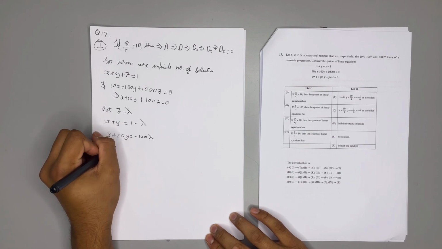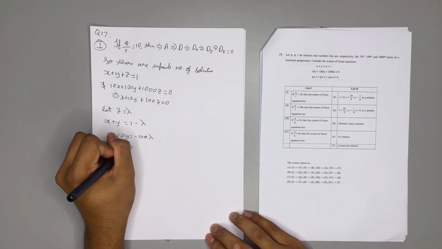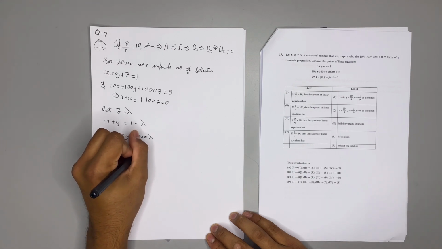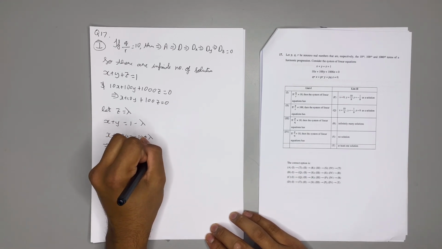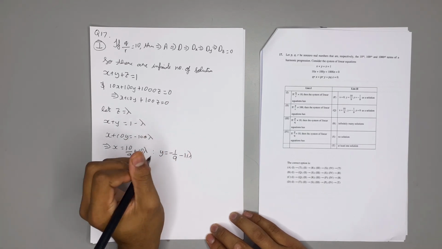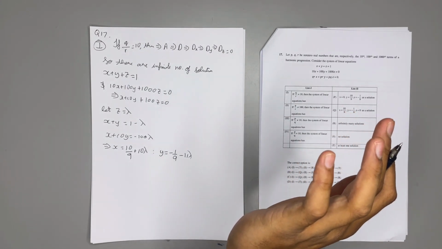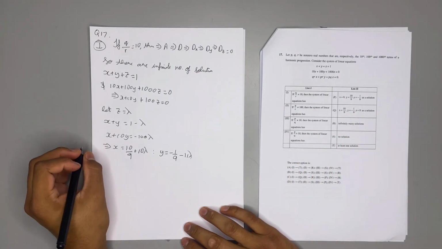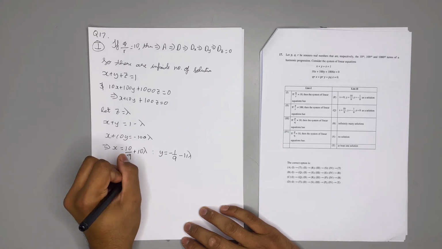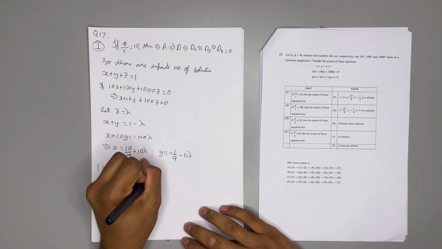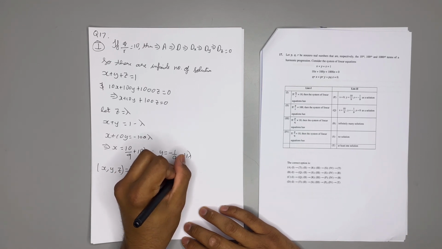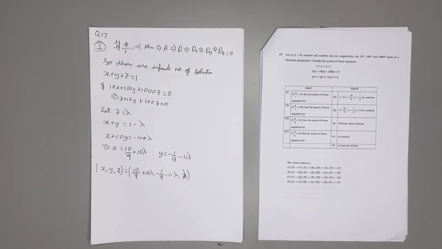Further simplifying this, x then equals to 10 upon 9 plus 10 lambda. Y equals to negative 1 upon 9 minus 11 lambda. Correct? So x, y, z then equals to 10 upon 9 plus 10 lambda, negative 1 upon 9 minus 11 lambda, and z equals lambda. That is x, y, z.